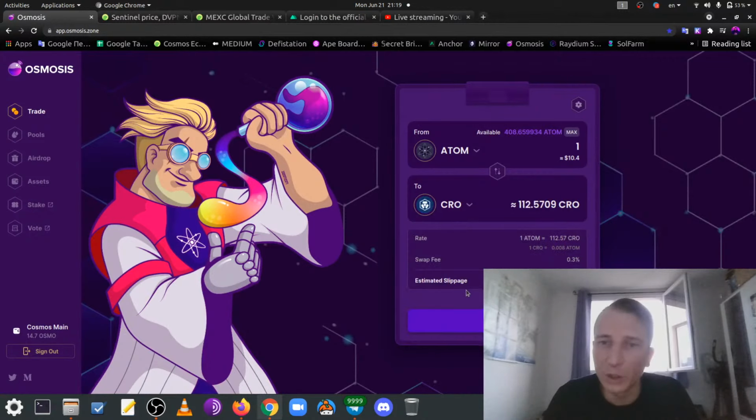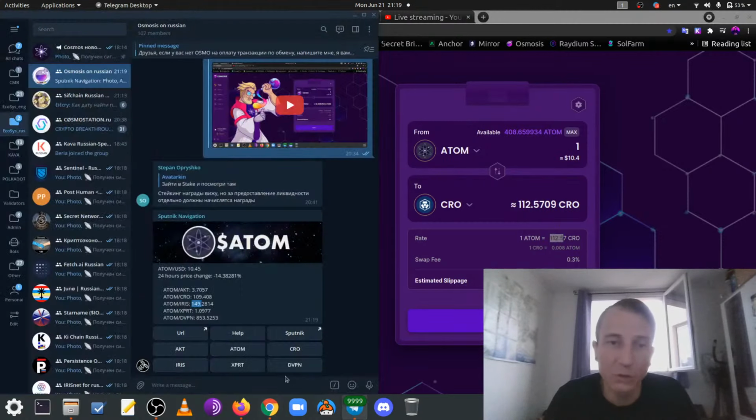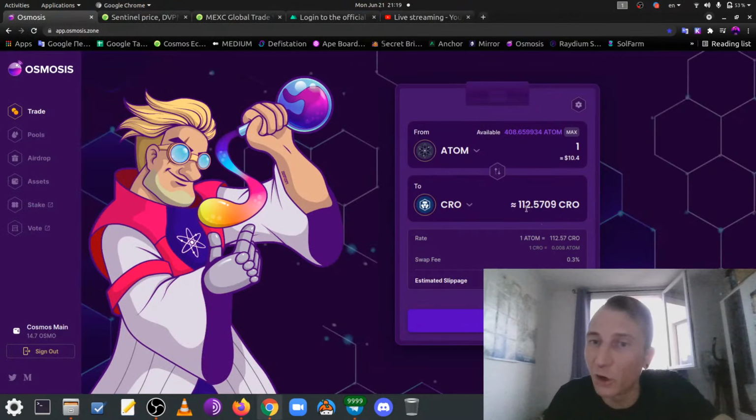After that we go to CRO, and we see that Atom now is 11257 CRO, and here we look and see that in the middle price it's 109. So 3 CRO difference for every Atom.